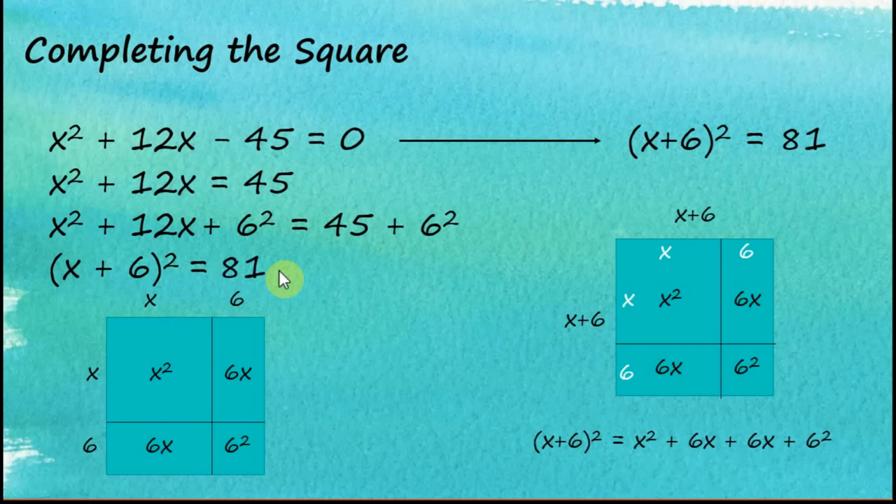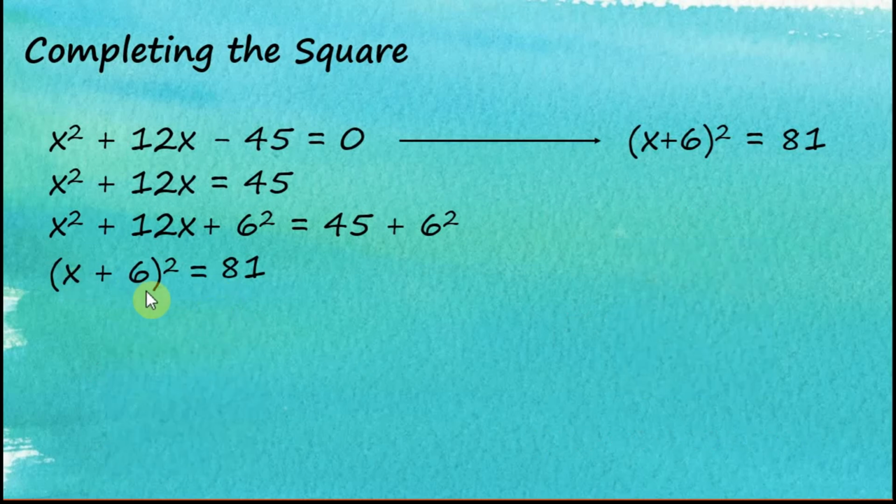So this is how we complete the square of quadratic equations. After we write the quadratic equation in the square form, then we can solve it easily, if you still remember. So (x plus 6) squared equals 81. To eliminate the square, we use the square root. After eliminating the square, the right hand side becomes positive or negative square root of 81, and we shift this positive 6 to the right hand side, then we get negative 6, and the square root of 81 is 9.